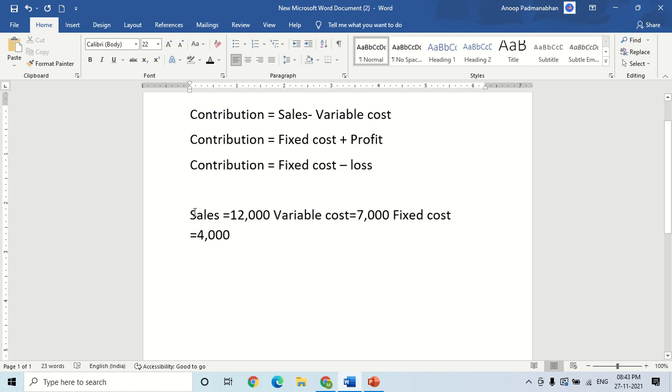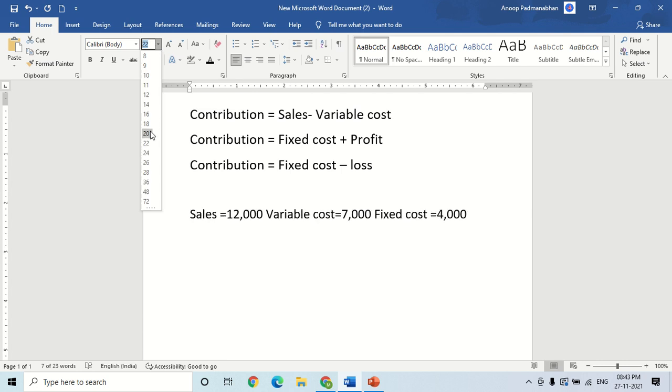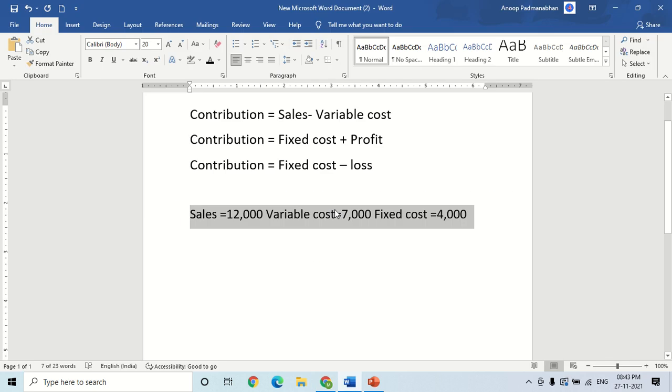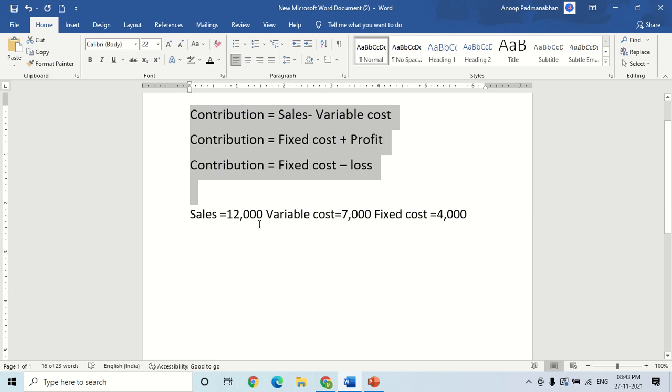Now we are going to see which equation we can apply for the calculation of contribution. Your question is asking you to find the contribution first, then you have to find the profit. So I'm going to find the contribution first. I know three equations, but I'm going to check which one I can apply.